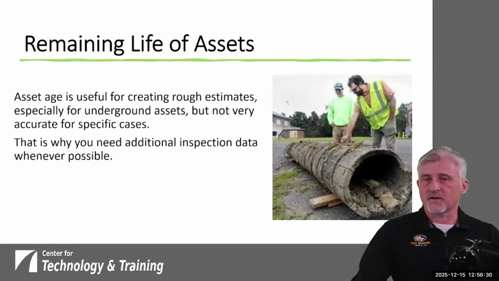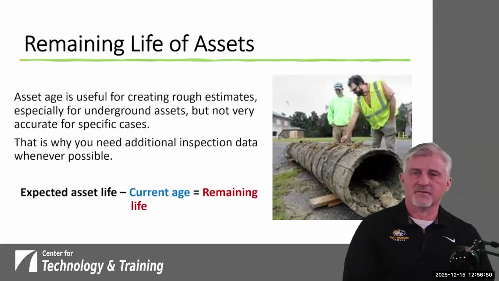But we can find that information out if we do some inspection. It's important to gather whatever inspection data you can whenever it's possible. There are a lot of different ways, and Greg will talk about quite a few of them later in this presentation.